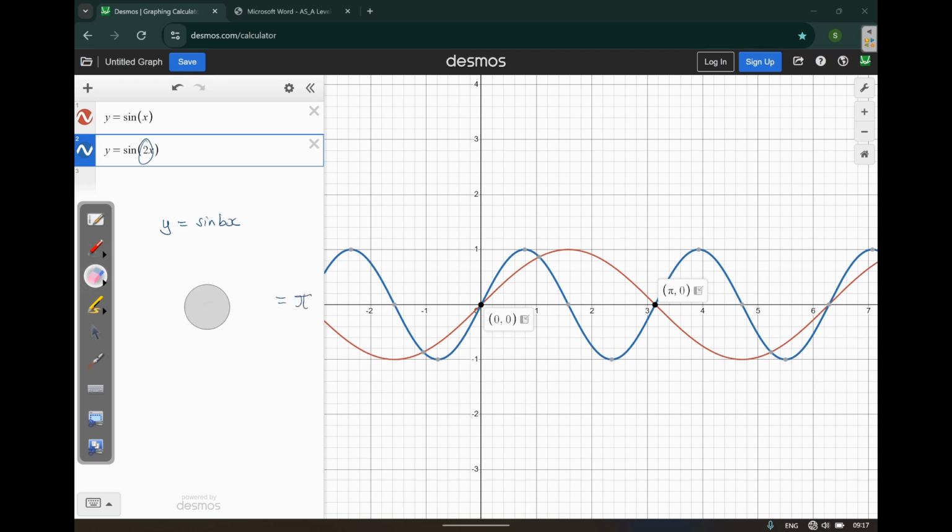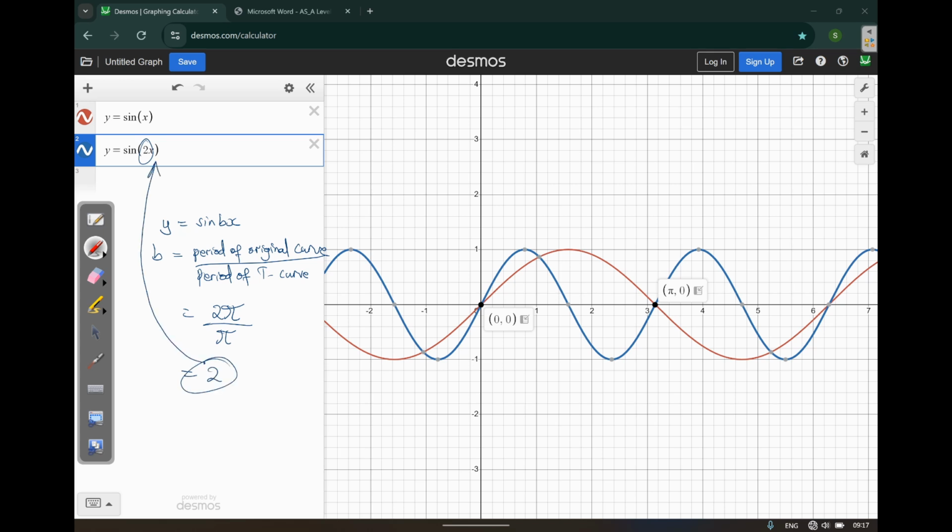So to get b, it is the period of the original curve divided by the period of the transformed curve. The period of the original curve is 2 pi, and that of the transformed curve is pi. Do you see how we get the 2 that is here? So that is that.